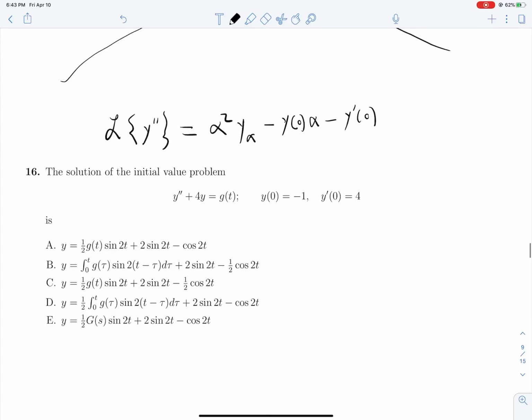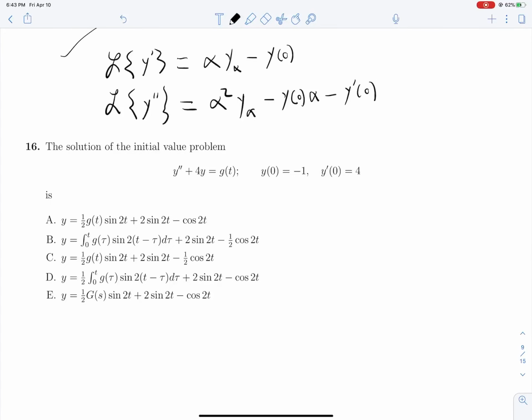And secondly, we also know that the Laplace of y prime is just alpha y of alpha minus y at 0. And using these facts, we can rewrite this in Laplace form, in the S domain or the alpha domain, whatever you want to term it.